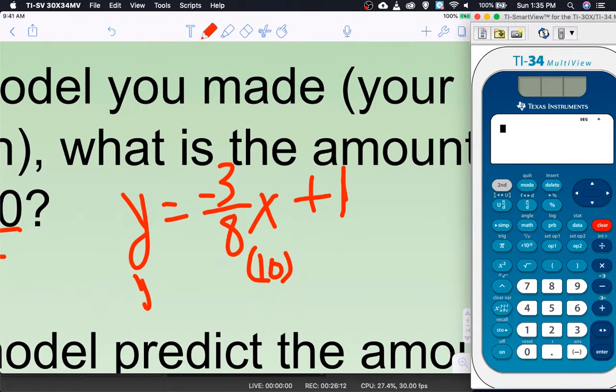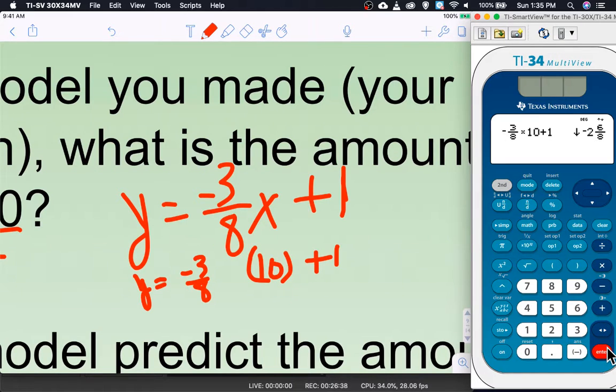So I plug in 10 for my x variable, 10 years since they started collecting the data. Oopsie, I don't need x. And I now push buttons on the calculator. -3 over 8 times 10 plus 1.